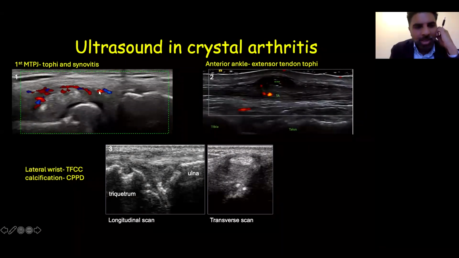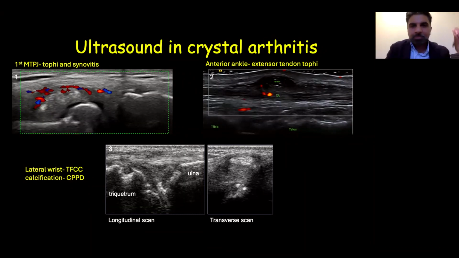If we look at the image on the left-hand side, this is image number one. This shows the first MTPJ, which does show evidence of a gouty tophi like I described. And you've got some power Doppler activity around this gouty tophi, and you can just see that around there. That is clumps of uric acid.